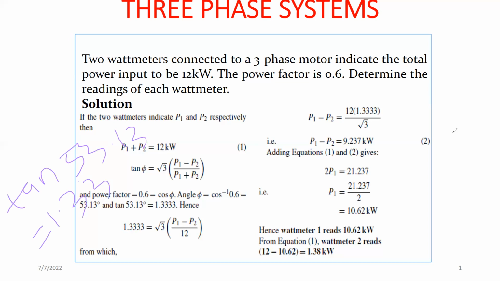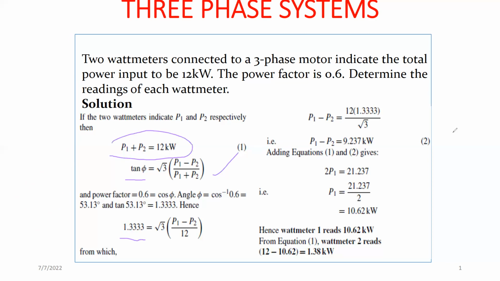So you replace the values in your formula. 1.33 is equal to the root of 3, P1 minus P2, divided by the denominator P1 plus P2, our total power, which is equal to 12 kilowatts.